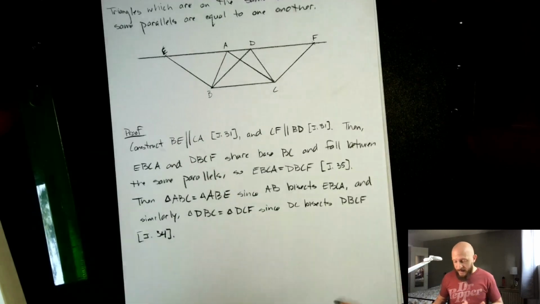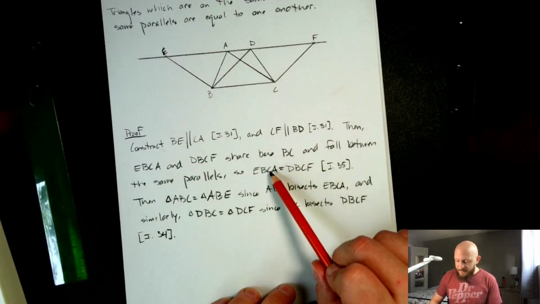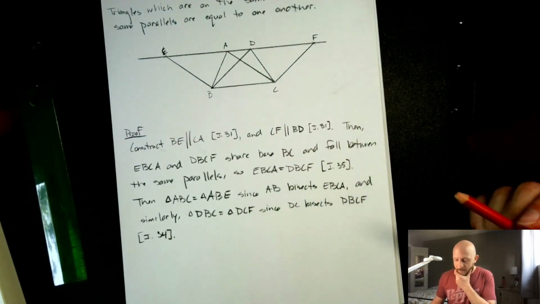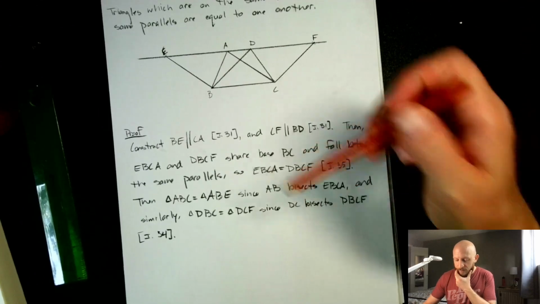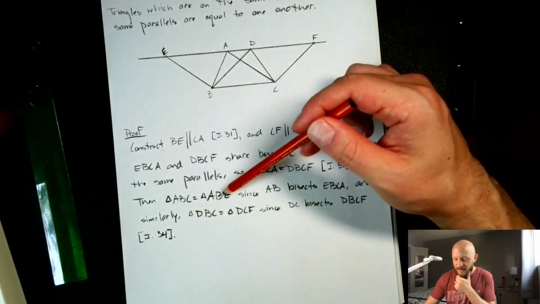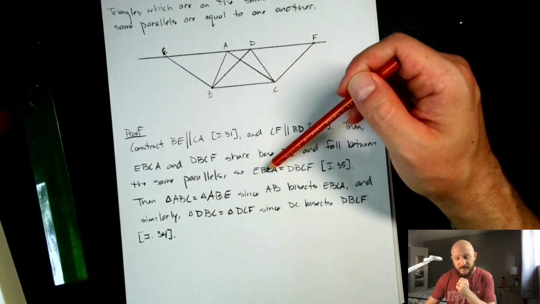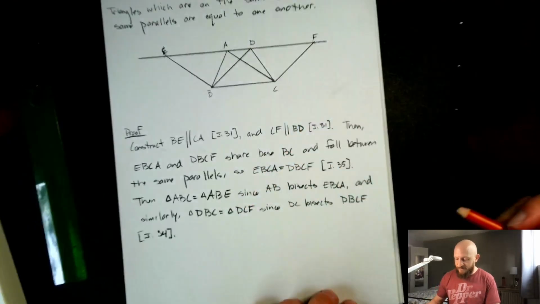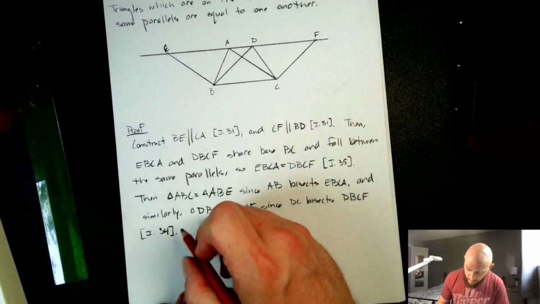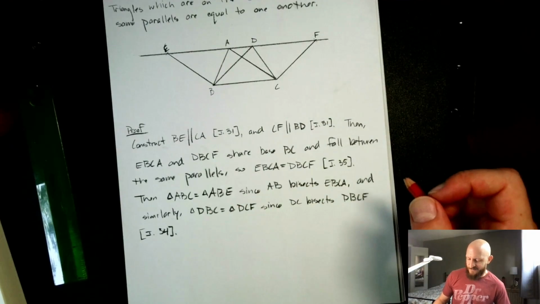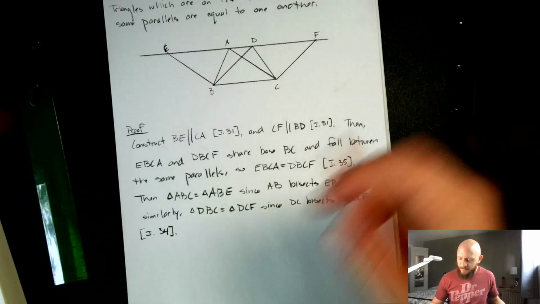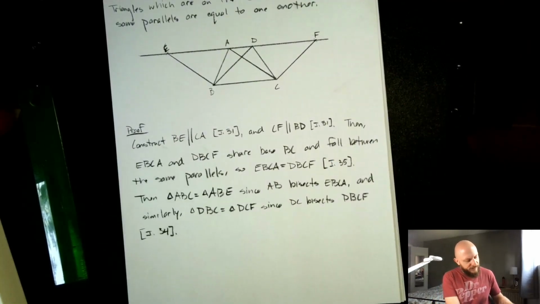All right, well, what do we have then? We have that EBCA equals DBCF. So, in other words, ABC plus ABE, which is EBCA, is equal to DBC plus DCF. I don't know how to write this very smoothly, because there are some details I want to fill in. Let me just say what Euclid wrote.